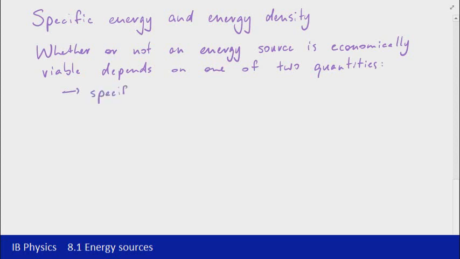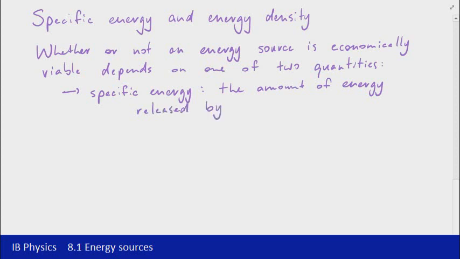Now that word specific, when you see it in a scientific context, basically means that you're dealing with a particular quantity per unit mass. So specific energy then is the amount of energy produced by 1 kilogram of the source. Or not produced so much as released, I should say. The source isn't actually producing it, it's just releasing the energy.